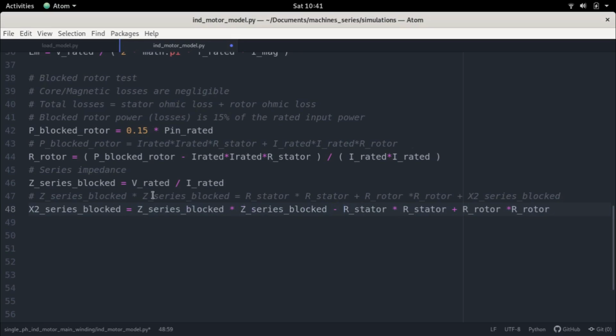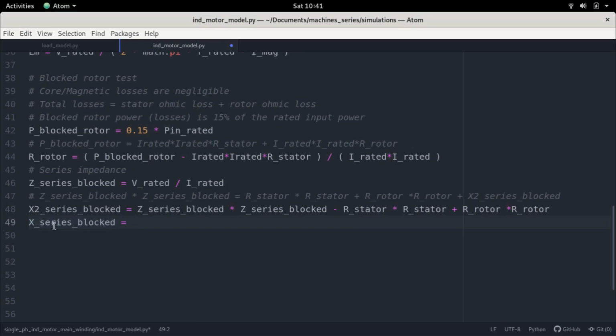So all I'm doing is taking this to one side, or rather this remains here, and taking this entire term to this side. Simple arithmetic. Now that I have this, I can say X series blocked is equal, actually it is X series blocked because I am now creating a new one. This is a square term.